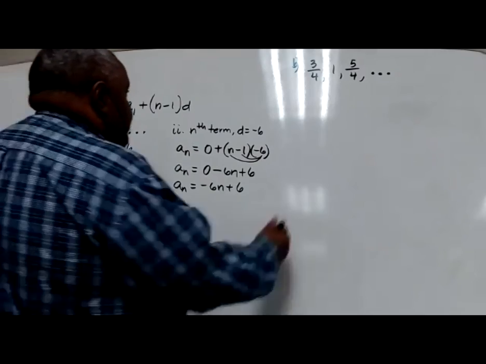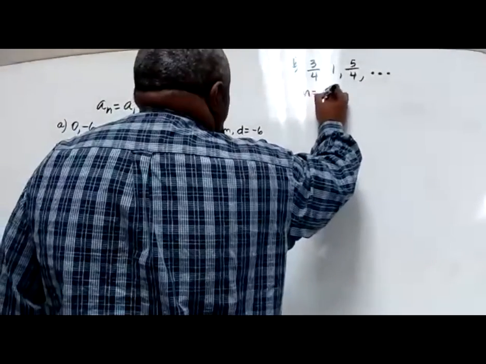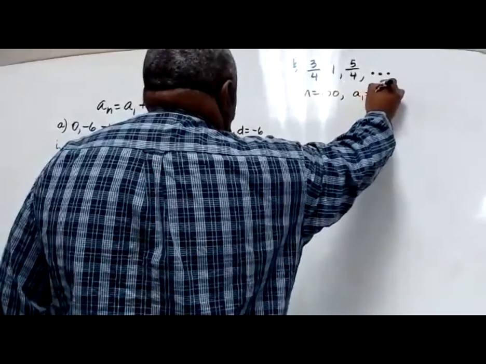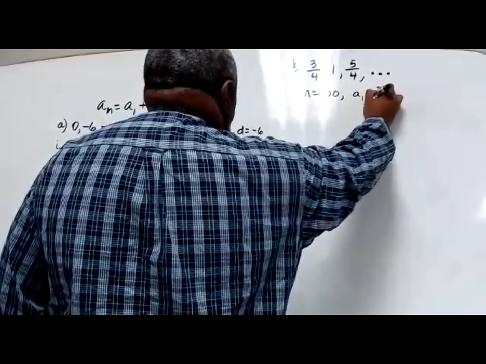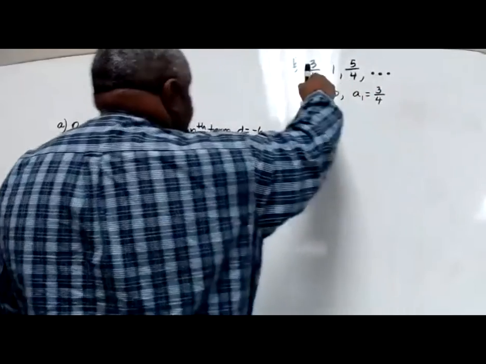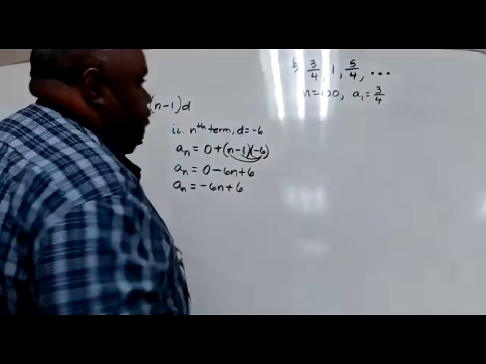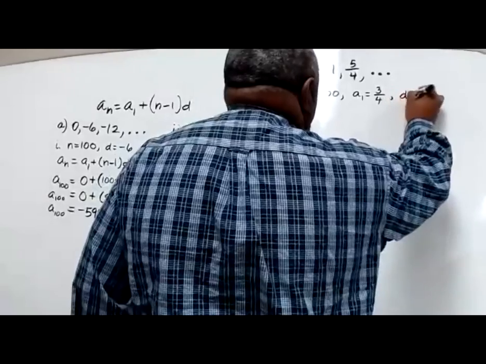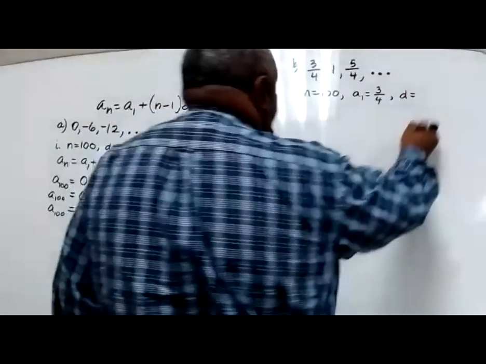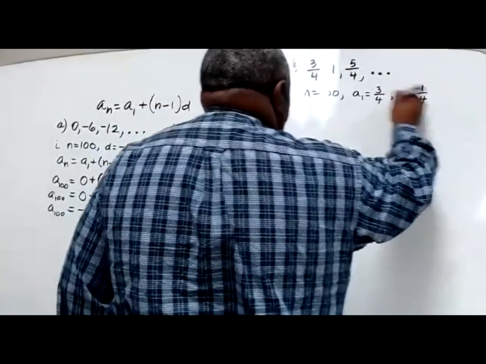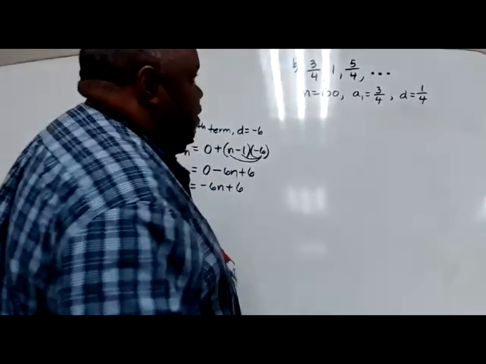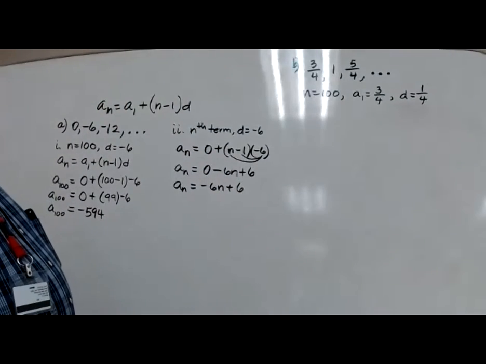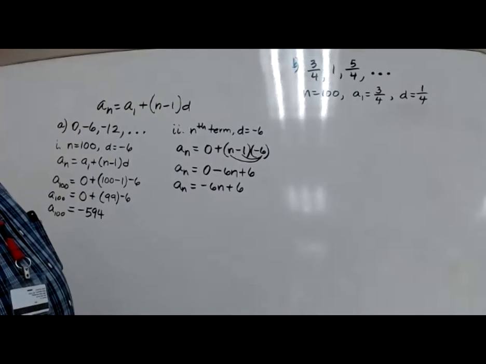Well, first of all, we're finding the 100th term, so n is 100. A sub 1 is what? 3/4. That's the first term. Now we need the common difference. It'd be 1/4, because 1 whole is like 4/4, and from 3/4 to 4/4, that difference will be 1/4.